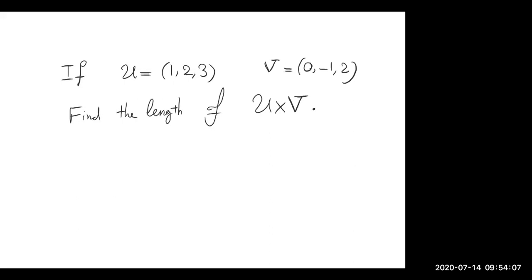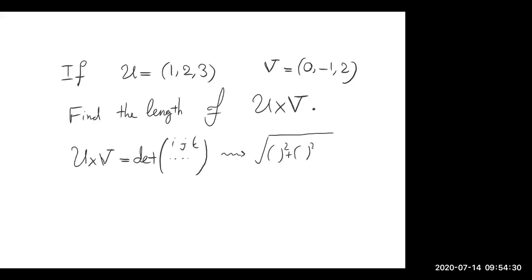One way is we can just compute the cross product by determinants. We had i, j, k, and so on. We can compute that. And after we computed the cross product, we can compute its length. Remember, the length of something would be the square root of the sum of the squares of its components. We can do that. That's one way we can do it.